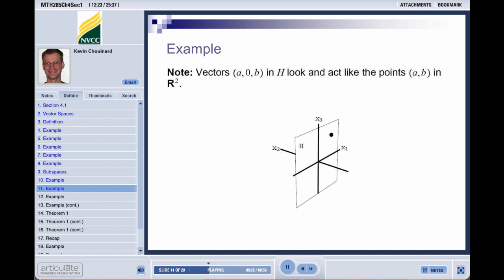And so it's essentially going to be the plane that has axes x sub 1 and x sub 3. So you can have any first component, you can have any third component, but the second component has to be a 0. And that puts you in this subplane of the larger vector space. So the entire vector space is three-dimensional space, but the subspace is this two-dimensional subset of that larger space.